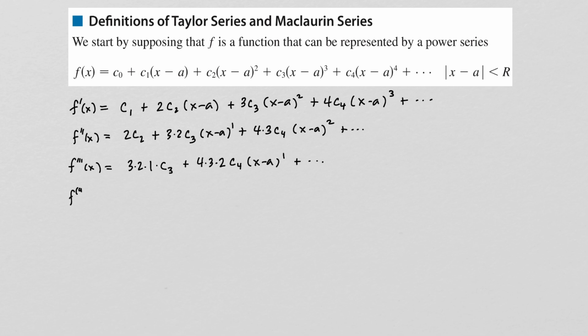The fourth derivative starts off with derivative of this, which is 0. And the derivative here is going to be 4 times 3 times 2 times 1 times c4 plus the rest. Now, we're not showing all the rest of the terms because it's not necessary. What we want to do is develop a pattern here.